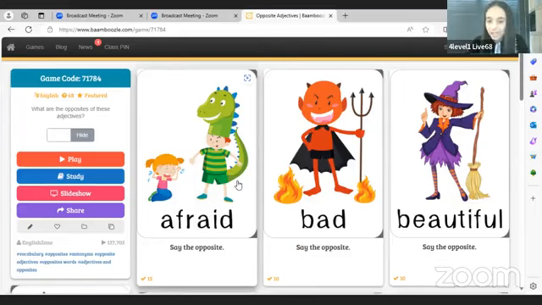The second word is bad. Can you guess the opposite of the word bad? What is the opposite of bad? Tell me in the comments.